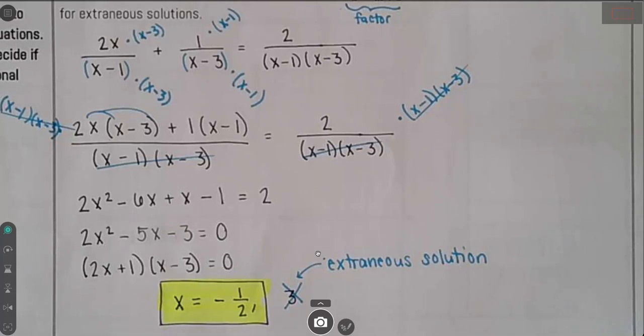I can pull out a 1 here, x minus 3. If you do it right, these will be the same. So as you can see, it's a little longer than just mentally FOILing, but if you're having trouble thinking of what numbers will get that polynomial, then it's a good way to do it.